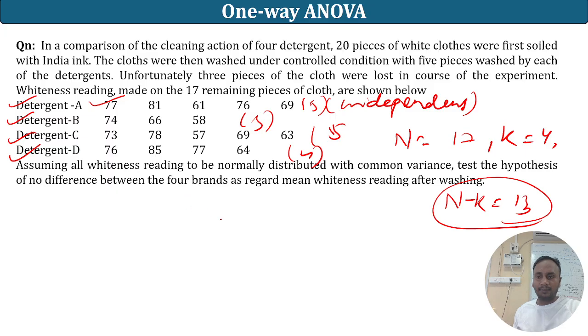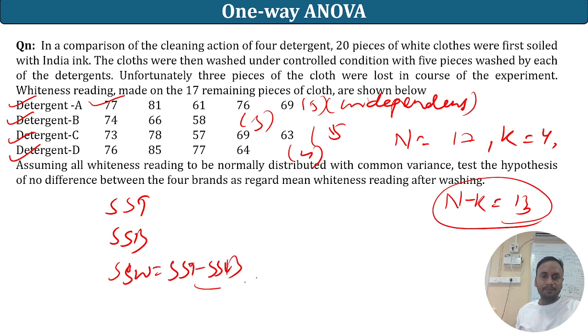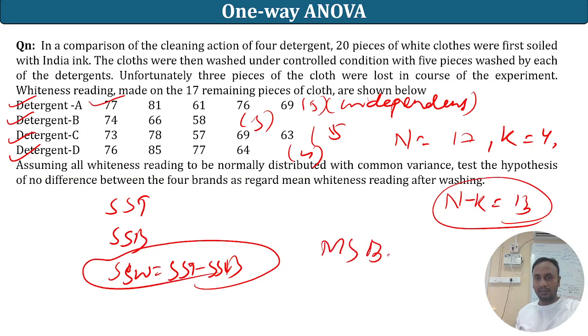So the idea will be the same again. We have to calculate the SST, SSB. Then we have to calculate the SSW, which is SST minus SSB. Then we'll go with the MSB, which is equal to SSB upon the degree of freedom, K minus 1, which is equal to 4.